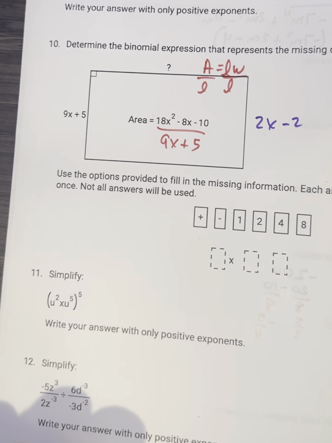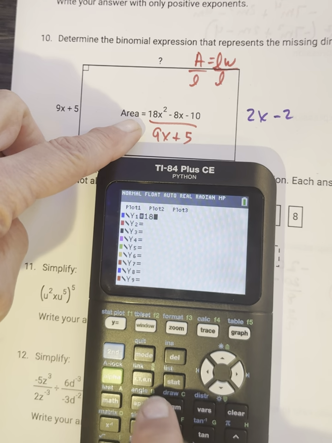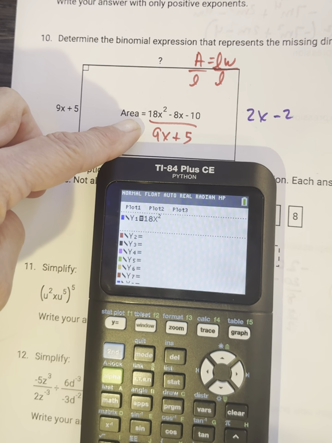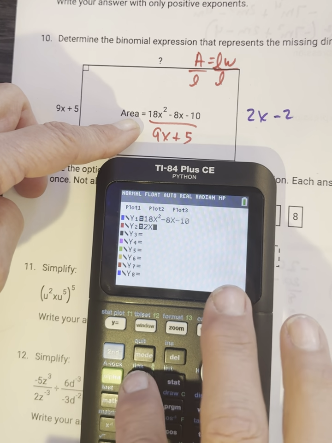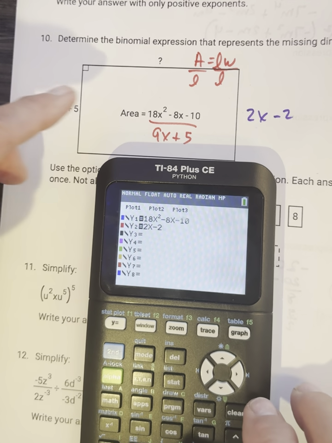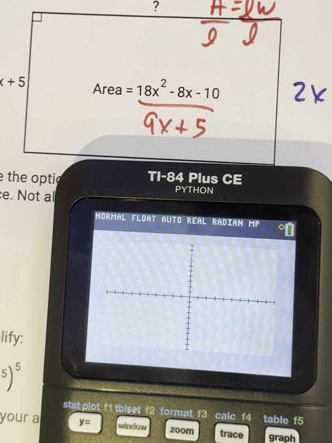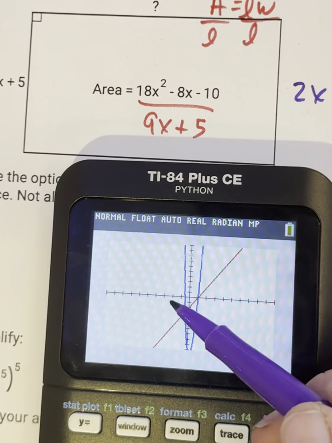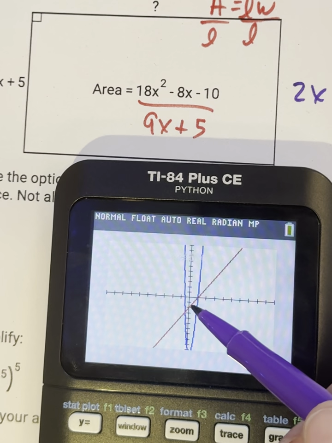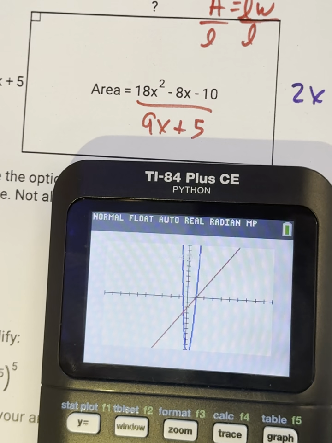So if I go to my calculator, y equals, put in the problem, 18x squared minus 8x minus 10. What I got is my answer, 2x minus 2. If I graph it, it's going to go through one of the x-intercepts of the parabola. So there it is right there.